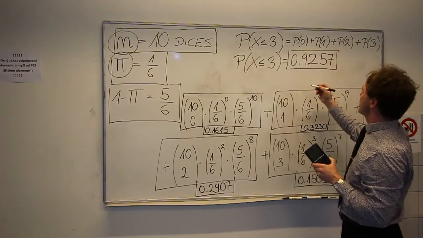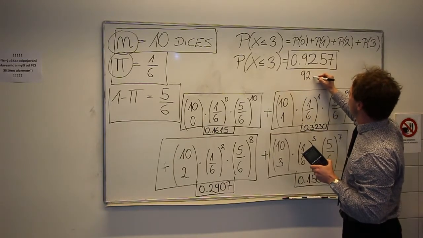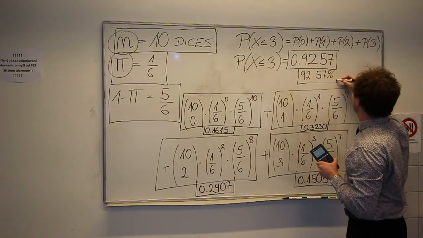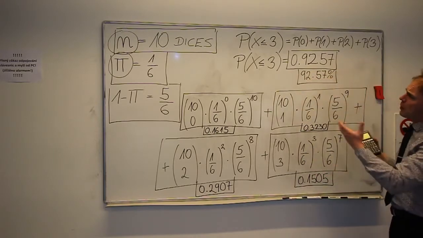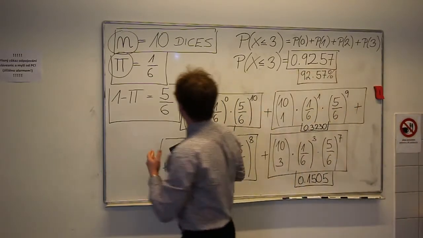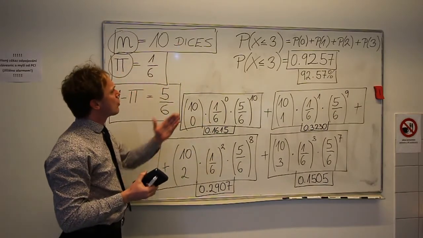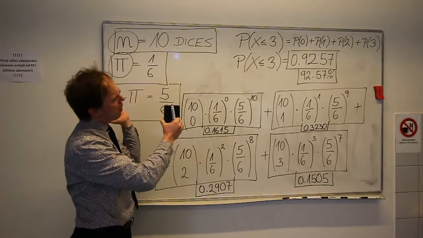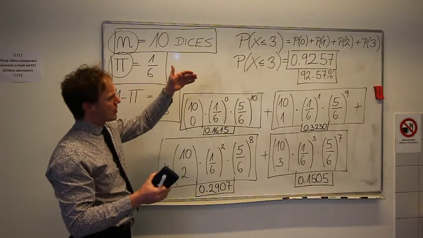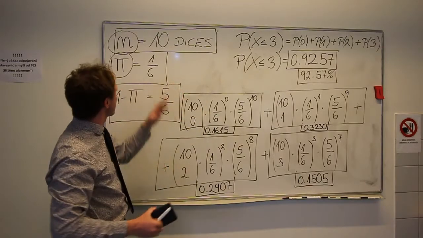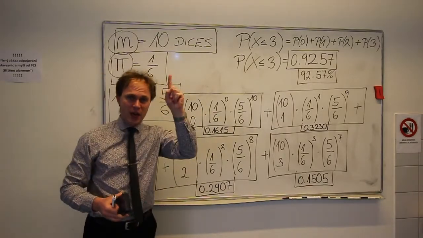We can interpret this in percent like 92.57%. Yes. So this is the probability that random variable x, the number of dice on which you will see value 6, will be smaller or equal to 3. So either on 0 or 1 or 2 or 3 dice, you will see the number 6.